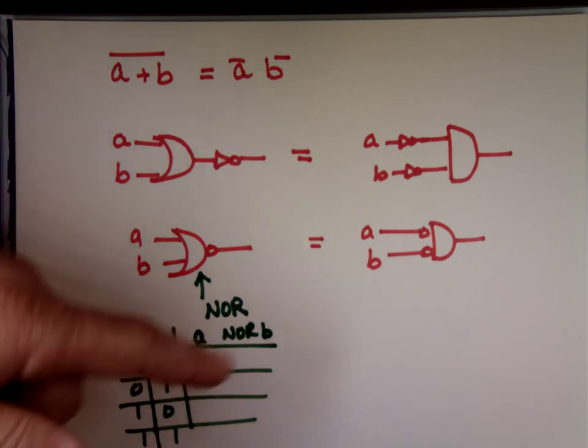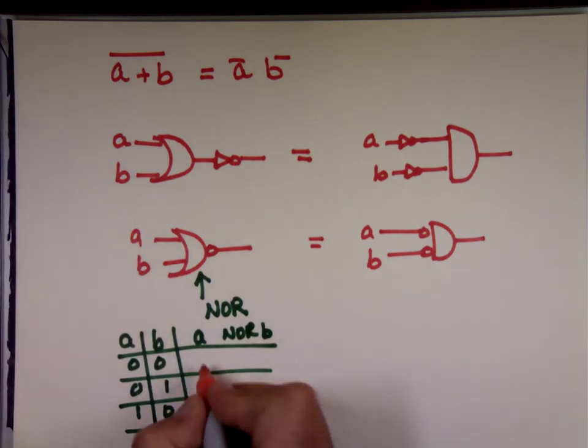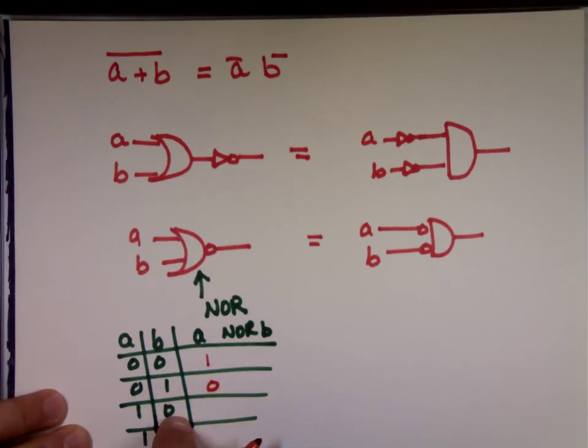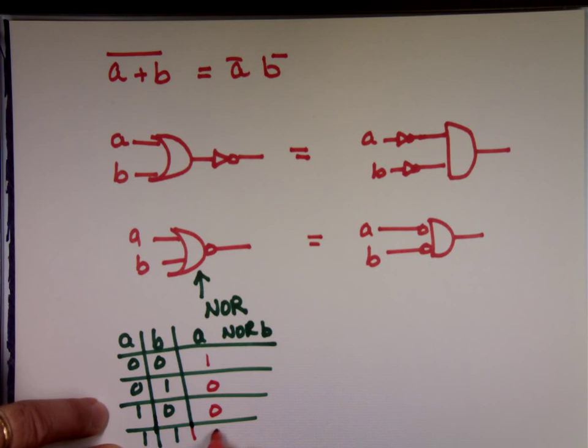Complement that, that becomes what? 1. What is 0 or 1? 1. Complement that, 0. What's 1 or 0? 1. Complement that, 0. What's 1 or 1? 1. Complement that, that's a 0. That's the truth table for that. It's A NOR B.